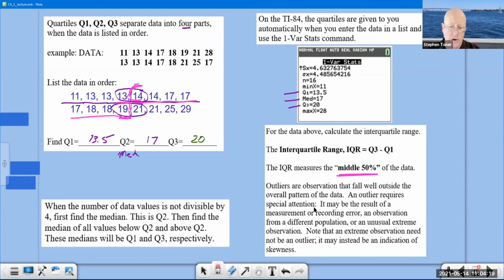An outlier requires special attention. It may be the result of a measuring or rounding error, an observation from a different population, or an unusual extreme observation. Note that an extreme observation need not be an outlier. It may instead be an indication of skewness in a data set.